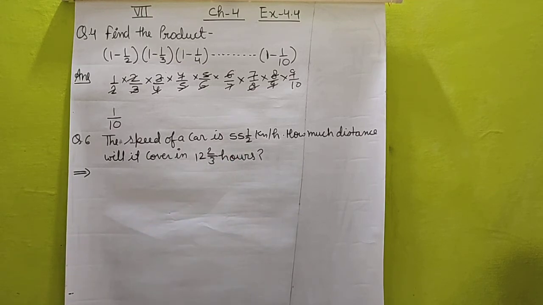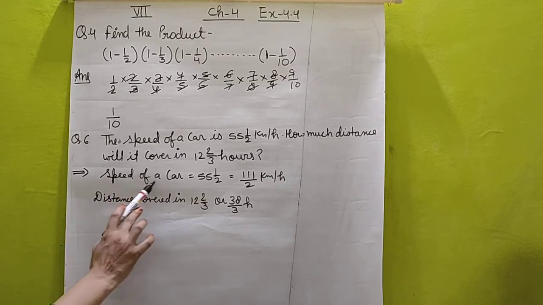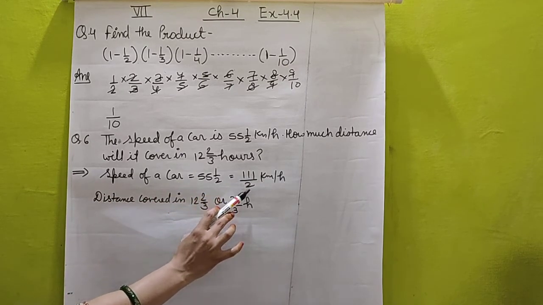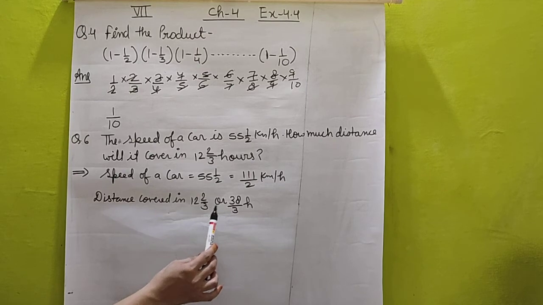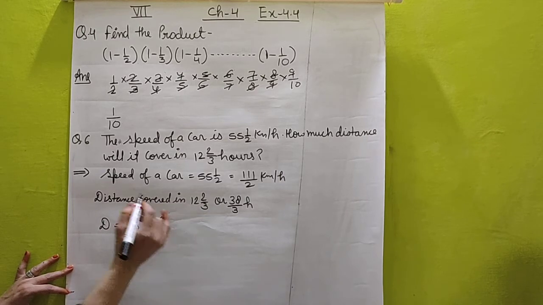So first of all, students, we will write a statement. Our first statement is speed of a car is equal to 55 1 upon 2, meaning 111 upon 2 km per hour. Next, distance covered in 12 2 upon 3, meaning 38 upon 3 hours. So students, distance will be speed multiplied by time.